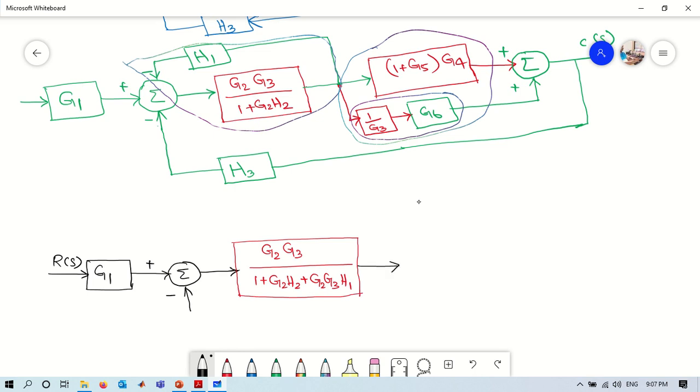Then I have these two in parallel, so I can write this as 1 plus G5 into G4 plus G6 by G3.